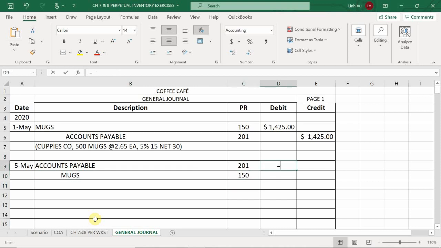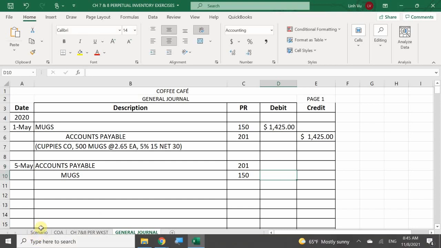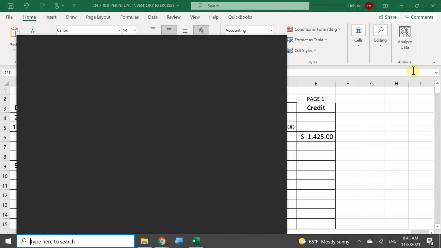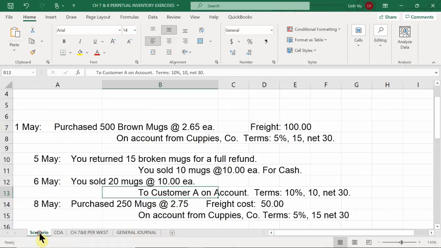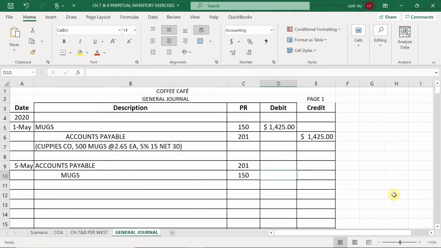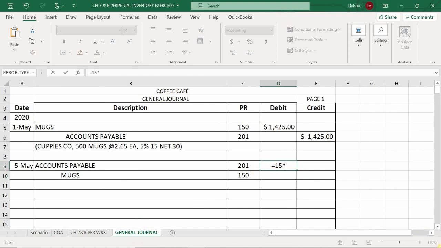Now, in this case, how much am I going to take out from my mugs? I returned a total of 15 units, because 15 of them were broken. So if 15 of the units were broken, at what price point can I actually return the product? $2.65. So let's do simple math here. 15 times $2.65.